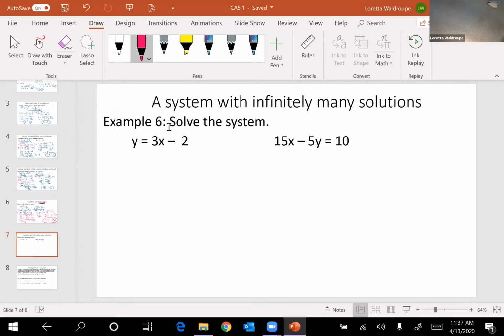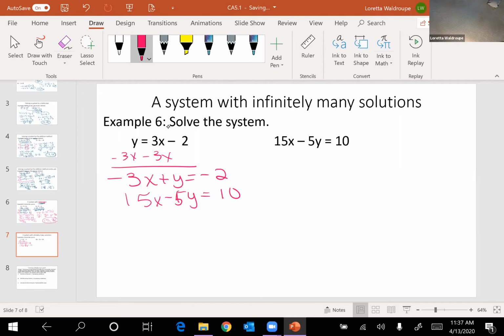Same idea. On this one, I need to subtract 3x from both sides to get my x's and y's together. Bringing over my other one that is already set up. Okay.